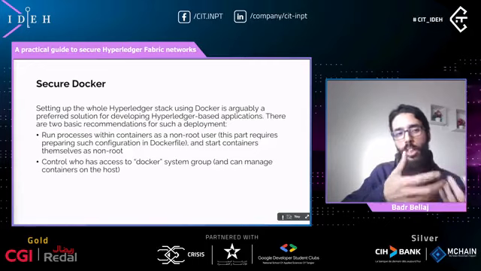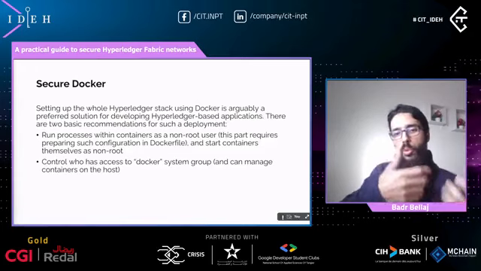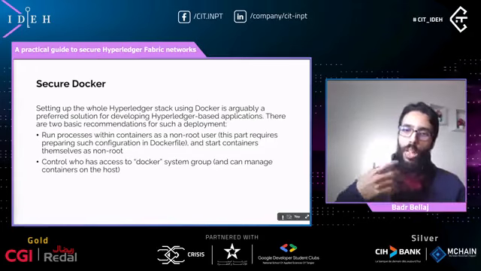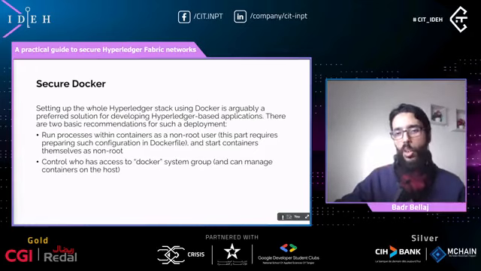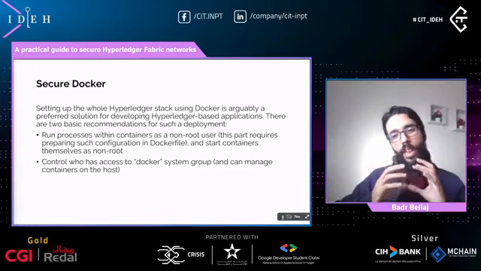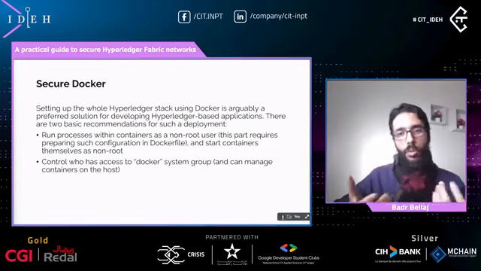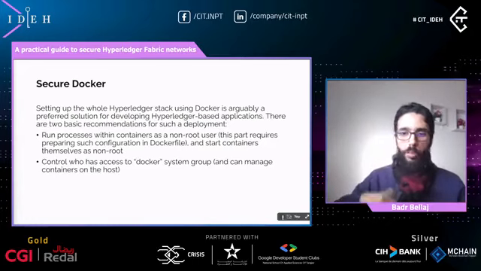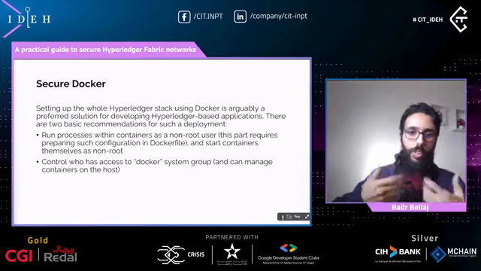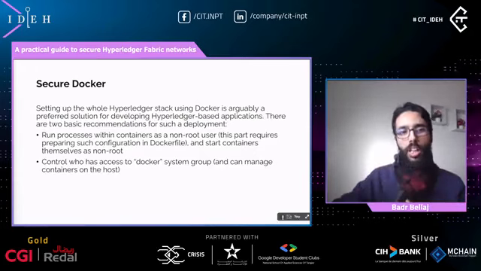Docker is one of the most common tools we use to deploy Hyperledger Fabric network components, so we need to take all Docker security measures into consideration. You can, for example, rely on OWASP security advice to have a secure deployment of your Docker system.